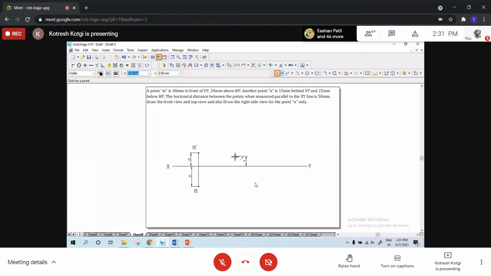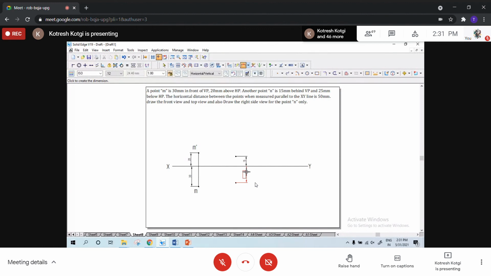Now it is top view. Front view I have to draw. So I have fixed the point. Now I'll fix the distance. So what is the distance from HP? Because top view in third quadrant comes above XY line, which is distance from VP. Now I'm drawing the front view, which will come below XY line for third quadrant.